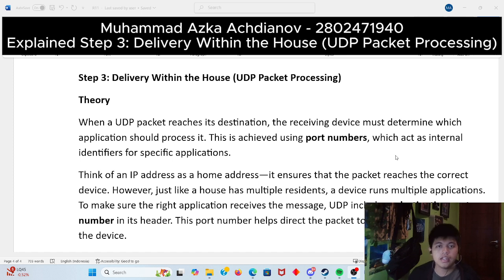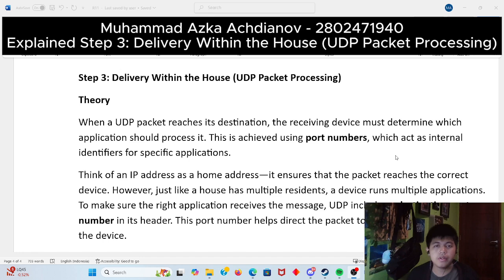However, just like a house has multiple residents, a device runs multiple applications. To make sure the right application receives the message, UDP includes a destination port number in its header. This port number helps direct the packet to the correct process within the device.